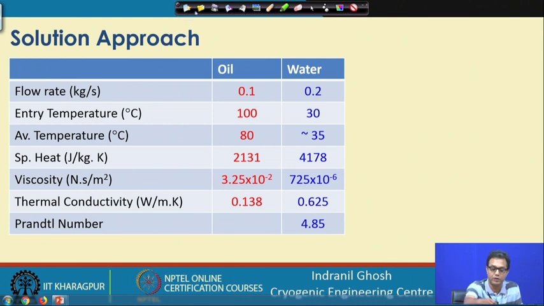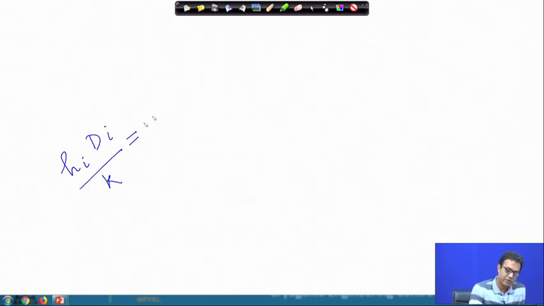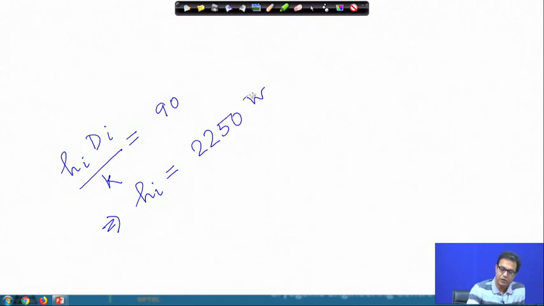So, if we put all these values, we can obtain hi di by k is equal to the Nusselt number, which will be estimated to be 90, and from there we can calculate hi to be 2250 watt per meter square Kelvin.